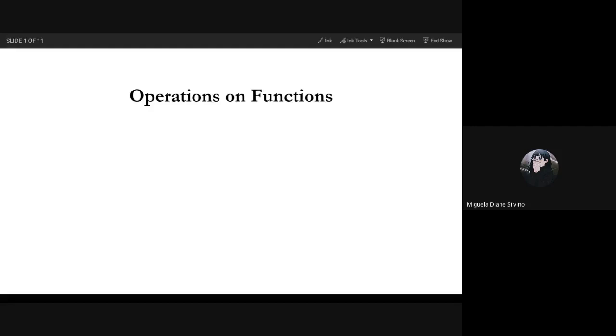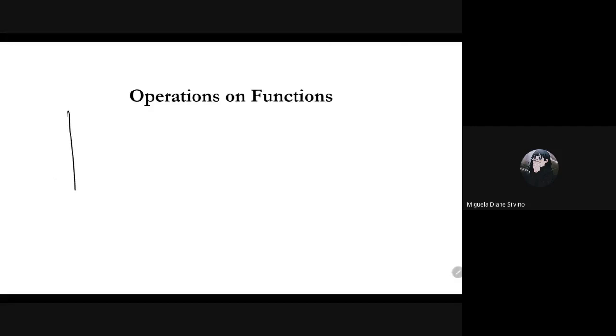When the given is in the form of a graph, basically we will be needing the concept of the vertical line test for us to determine if the given graph is a function. All you have to do is draw a vertical line in any part of the Cartesian plane.